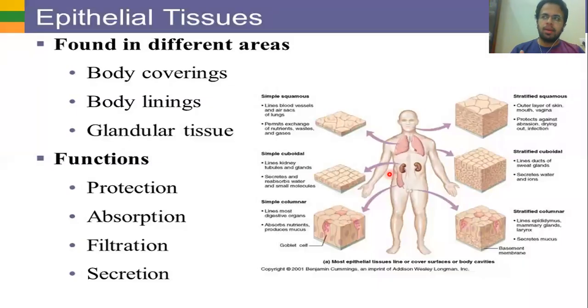So where in our body are these epithelial cells present? Now in our body, in some organs, the epithelial cells are surrounding the outer part of the organ. In some organs in our body, the epithelial cells are covering the organ, right?